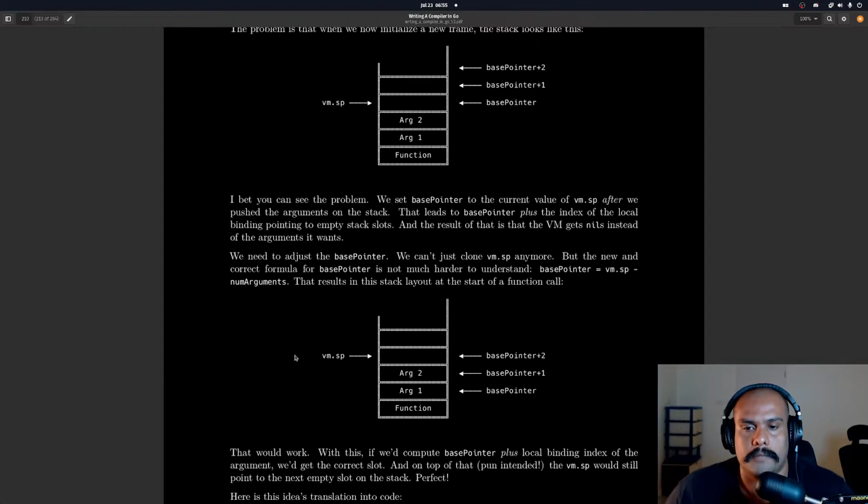We need to adjust the base pointer. The new and correct formula for base pointer is not much harder to understand. SP minus number of arguments.